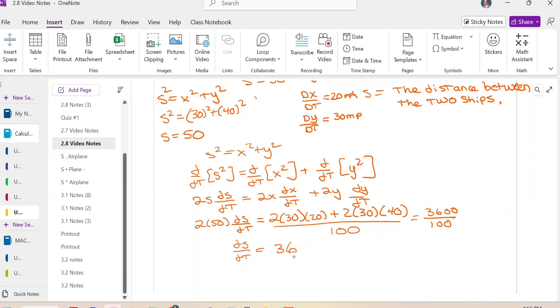So that means it's 36 miles per hour. So the distance between the two ships is changing at 36 miles per hour.